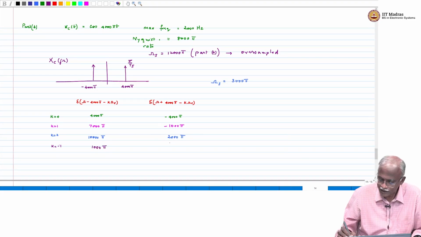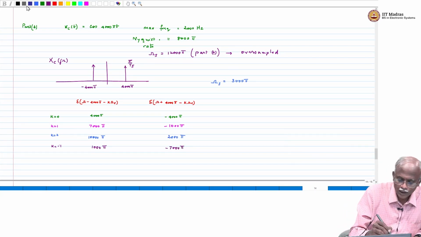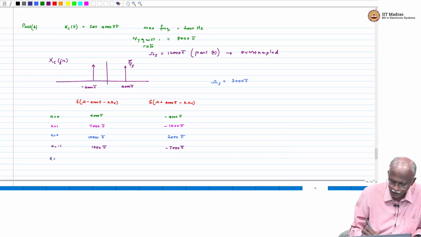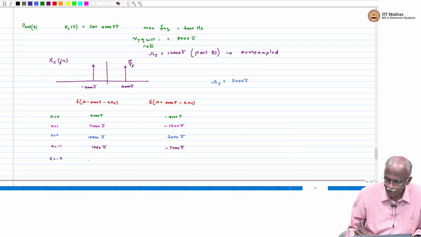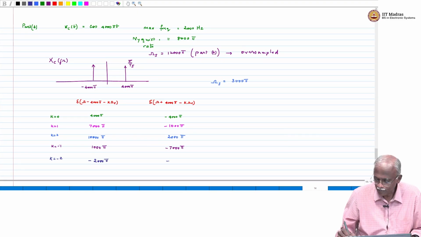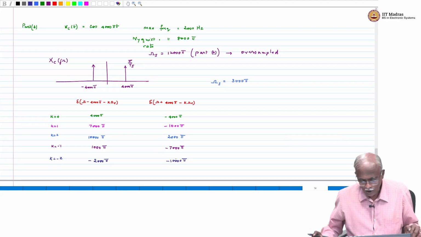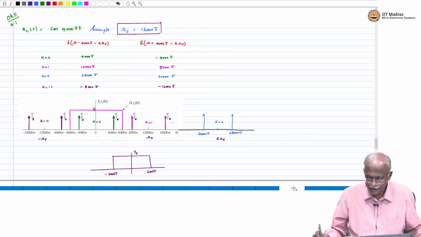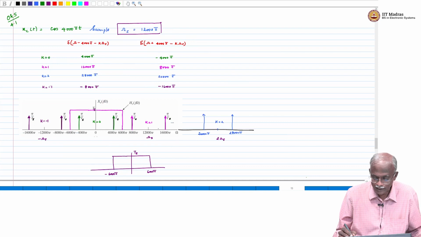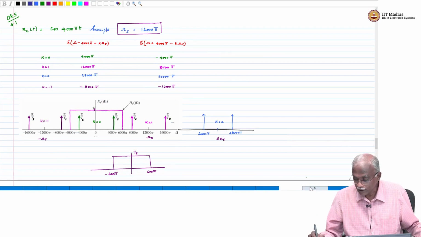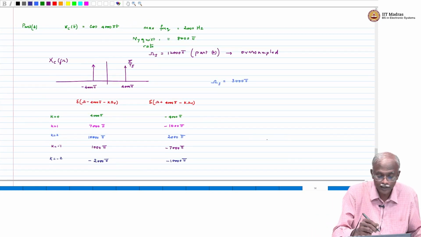And k equal to minus 2 will be at minus 2000 pi, and this will be at minus 10,000 pi. So basically what you will get is a spectrum that looks like this, but now has the Dirac delta functions at different locations.